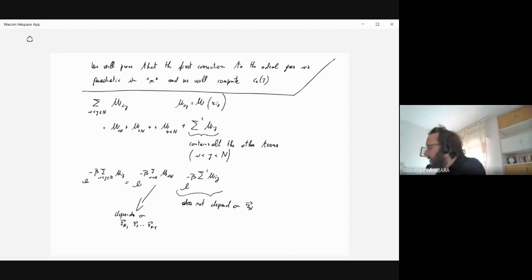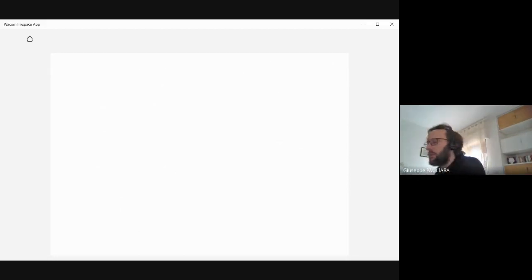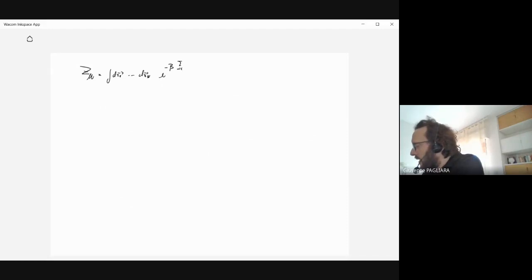Okay, so let me go on, and let me change page first. We want to compute, or actually to approximate, the factor of the partition function which is associated with the interaction. So Z of u is equal to the integral dR_1 to dR_n of the exponential of minus beta sum from i less than n of u_in, and then the exponential of e to the minus beta sum prime of u_ij.